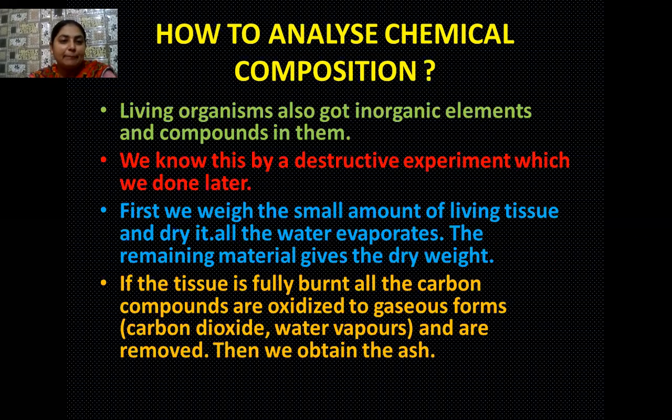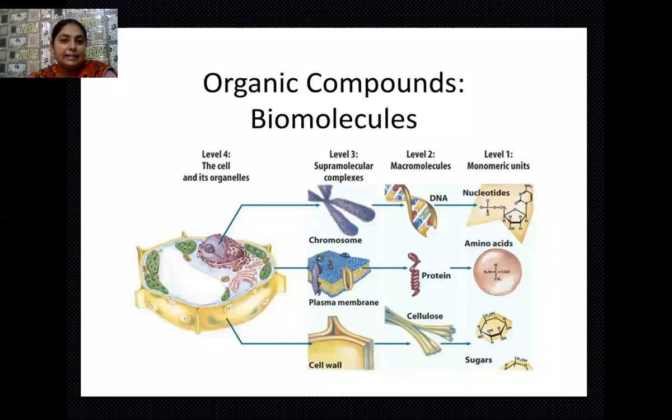As a result, what happens? The water gets evaporated, and the remaining material gives the dry weight. If the tissue is fully burnt, then all the carbon compounds are oxidized into gases. The water vapors as well as the carbon dioxide go out and are removed. And then we obtain the ash in this chemical analysis.